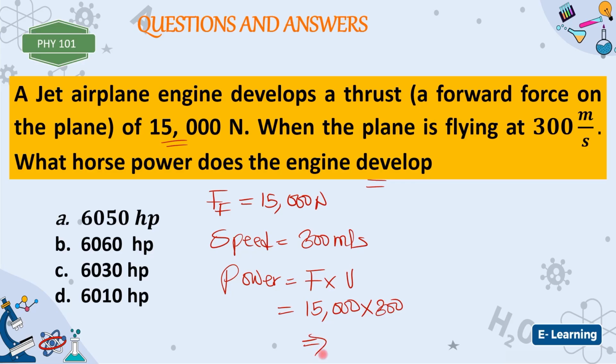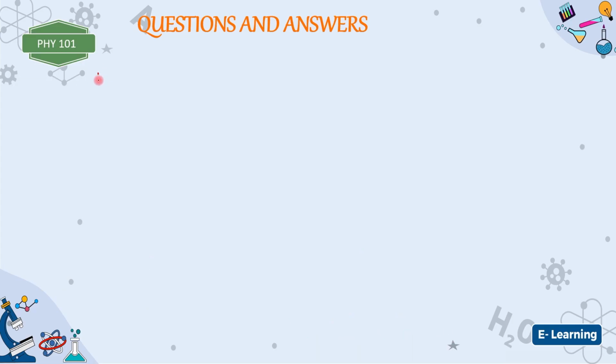Now when you calculate this, 15,000 times 300 will give us 45,000,000 watts. But this is not the end. So the power in watts is 45,000,000 watts. You must convert this watts to horsepower.